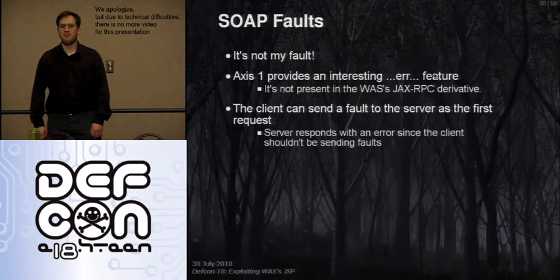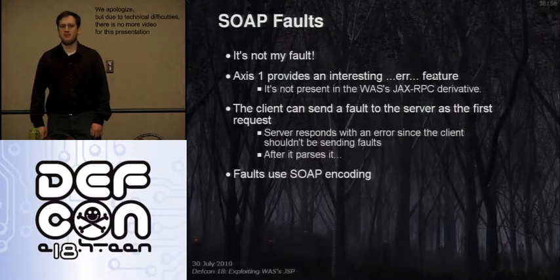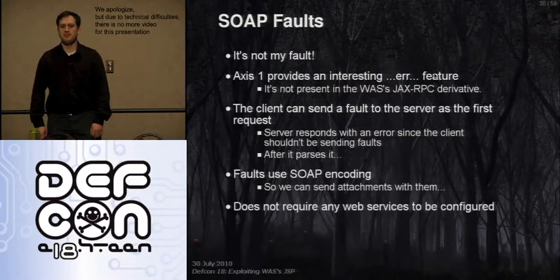Usually this isn't something that should be happening, so not surprisingly the server says, what? Send me faults? I'm supposed to send you faults, not vice versa. But the nice thing is that it parses it anyway first. And just for fun, SOAP faults use SOAP encoding, so we can send attachments with them too. So not only are we sending a fault, we're sending a fault with an attachment.